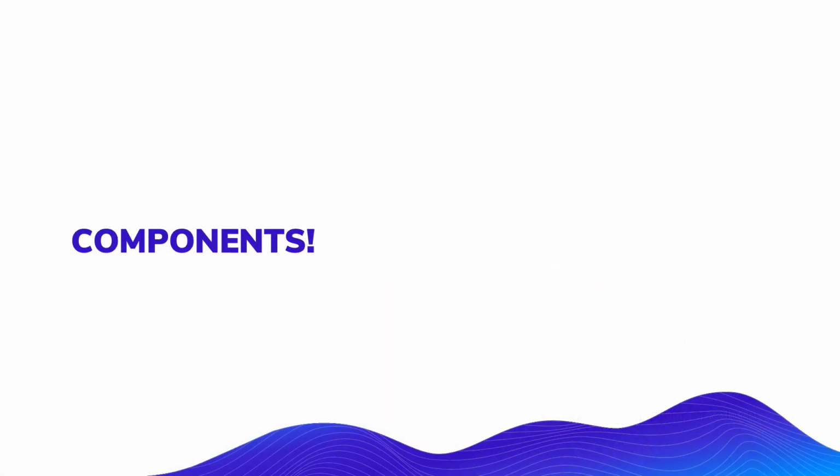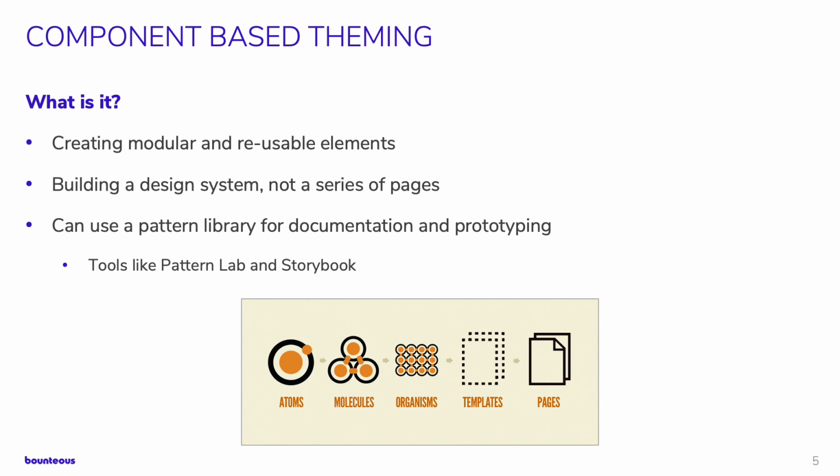So before we talk about how to integrate components, we should talk about components and component-based development at a high level first. Component-based theming is building using modular and reusable elements.